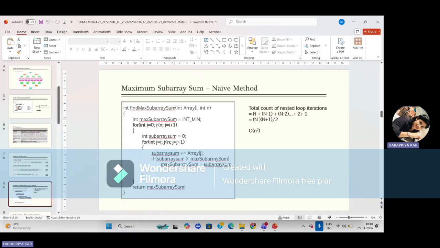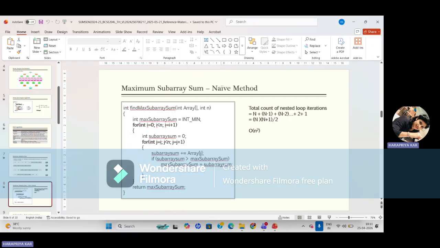This continues for the j value. Then sub-array sum plus equal to array of j. If sub-array sum is greater than max sub-array sum, then max sub-array sum is set equal to sub-array sum. Then return max sub-array sum. So this is the maximum sub-array sum naive method algorithm.